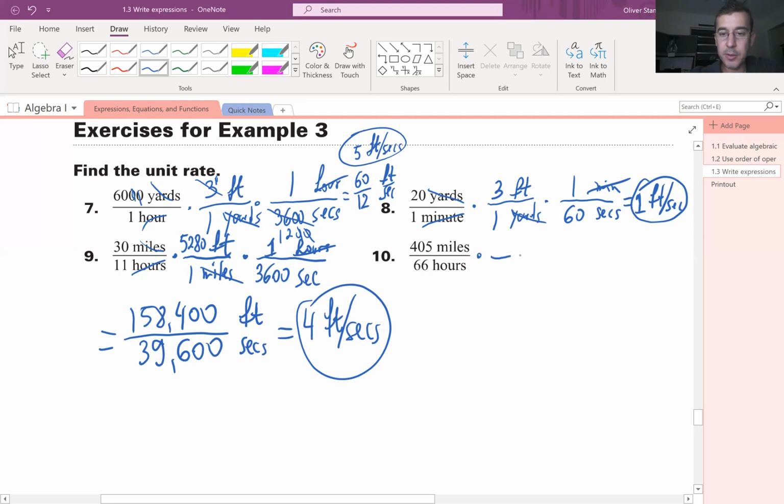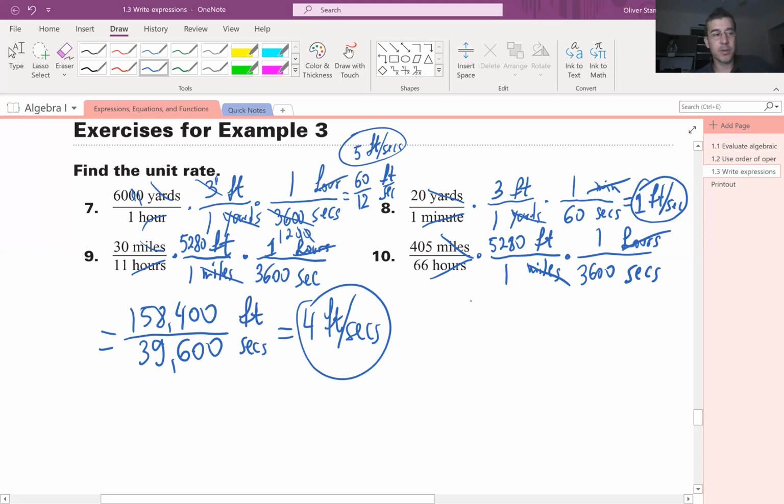And the last one, 10. We're going to do pretty much the same thing. We get feet on top, seconds on the bottom, miles here, so miles and miles cancel out. 1 mile has 5,280 feet. Hours here cancel out, and 1 hour has 3,600 seconds. Now we cancel out hours and hours, miles and miles.